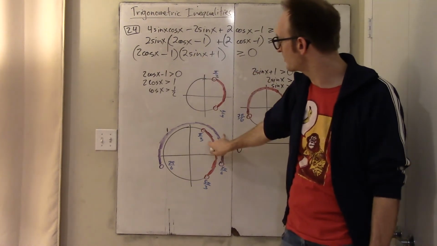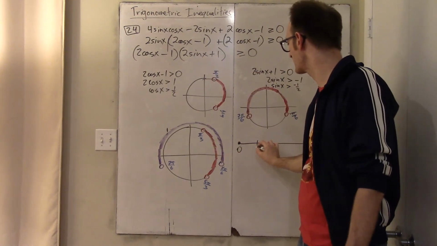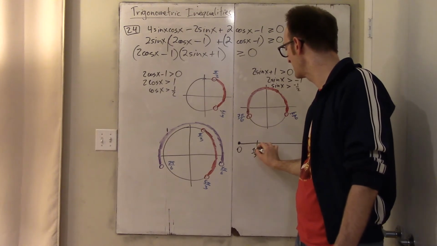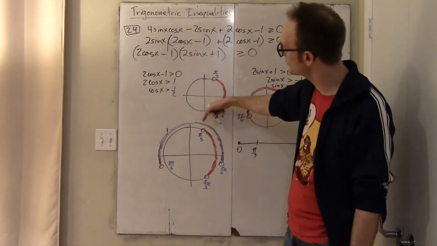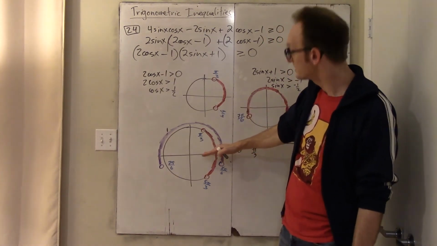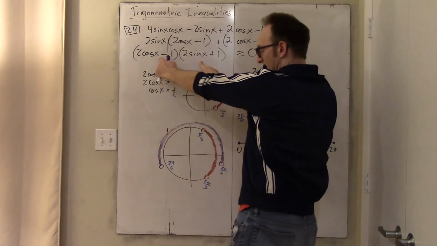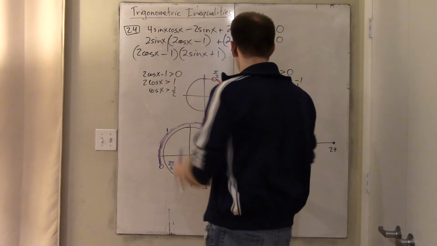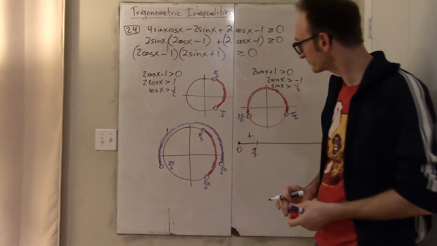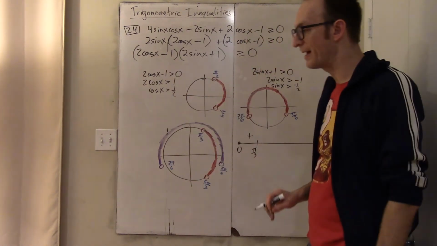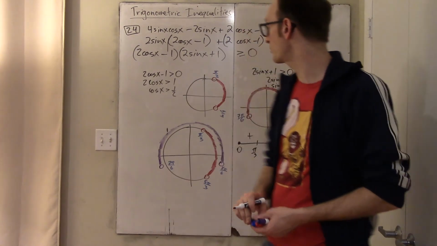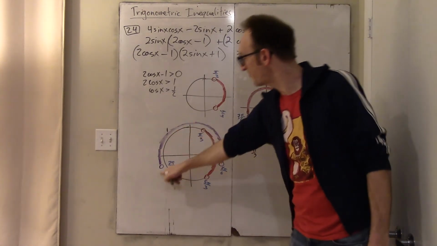And so when they're both shaded, which happens on the interval from 0 to pi over 3, that's my visual indication that for all numbers between 0 and pi over 3, these are both positive. Well, if these are both positive, then their product is positive. How about between pi over 3 and 7 pi over 6?